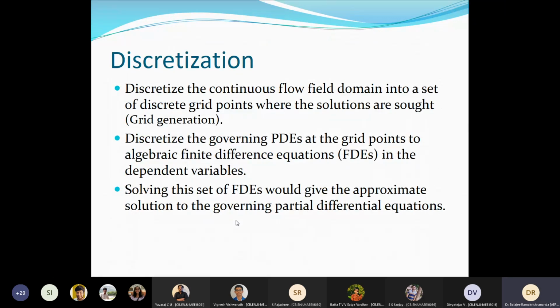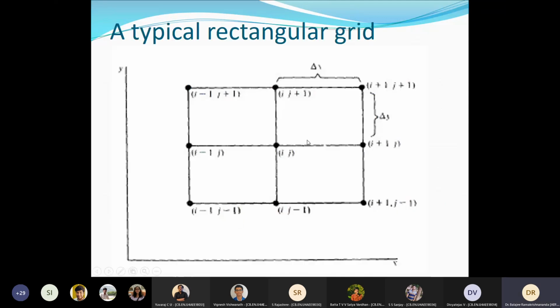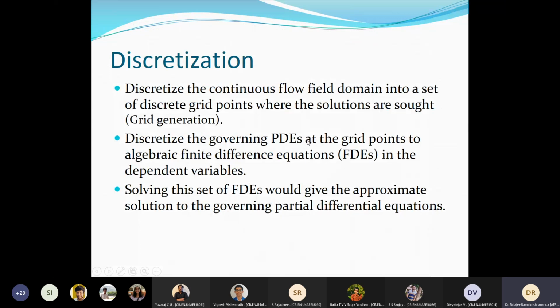So discretization is a process where the continuous flow field domain is discretized into a set of discrete grid points. So you want solutions only at these points, which are shown here. This process is known as grid generation. The second step is to discretize the governing PDEs themselves.